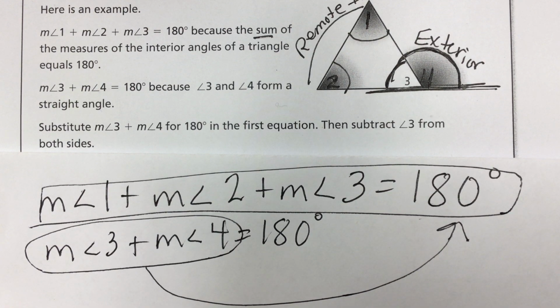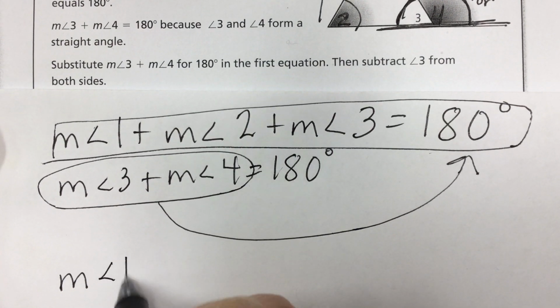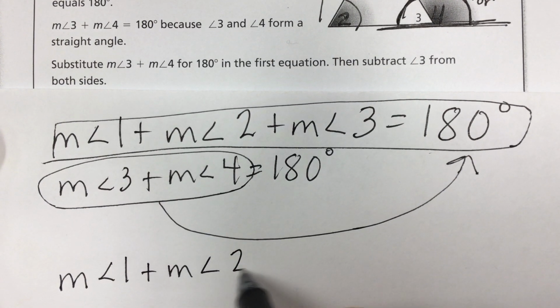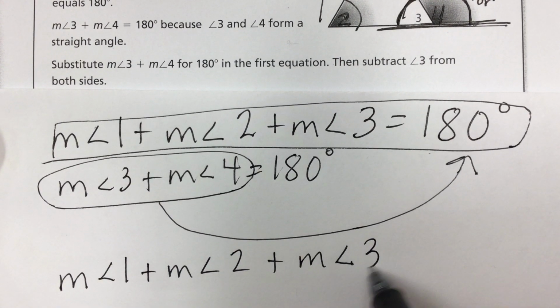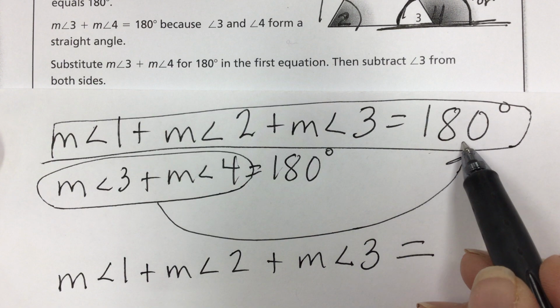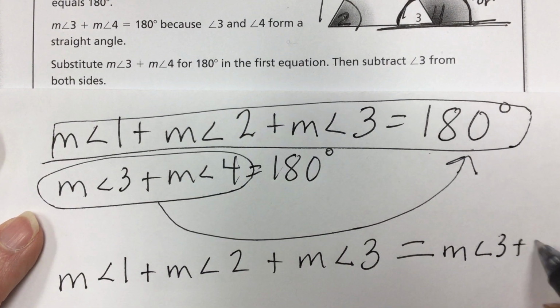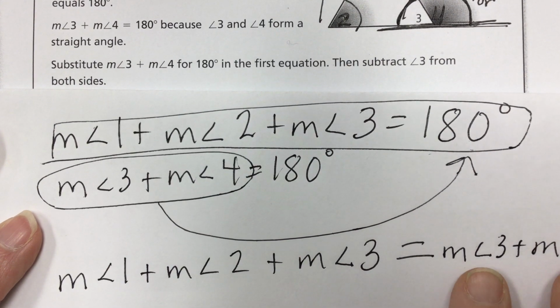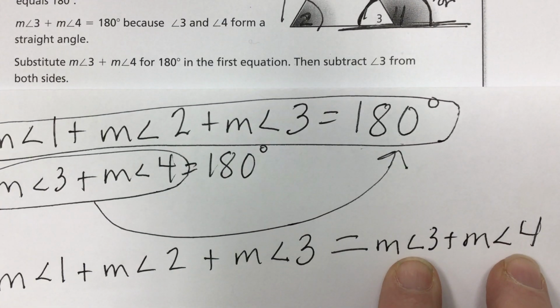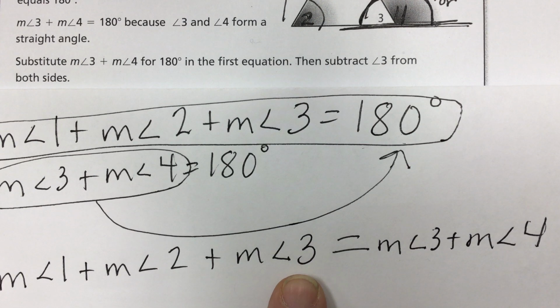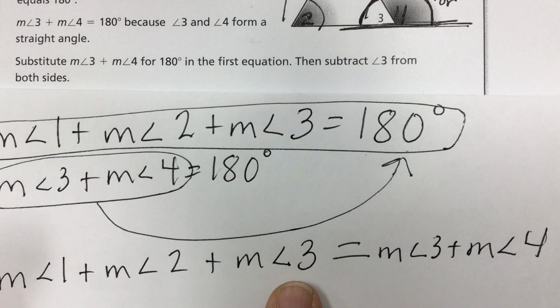So I would have the equation, the measure of angle 1 plus the measure of angle 2 plus the measure of angle 3 equals, but instead of putting 180, I'm going to put the measure of angle 3 plus the measure of angle 4, because these two add to give me 180, and yet these three add together to give me 180.